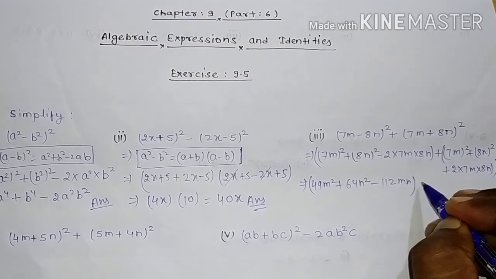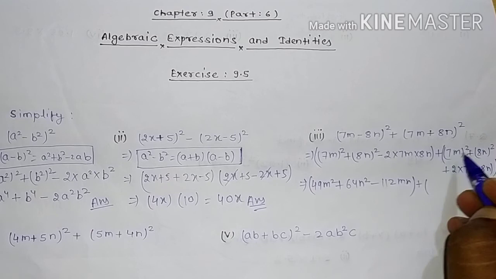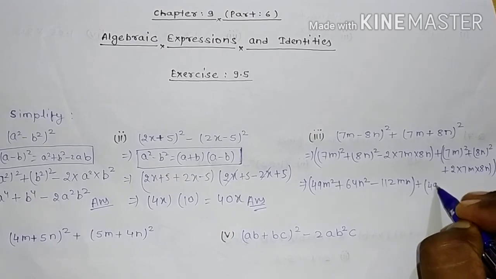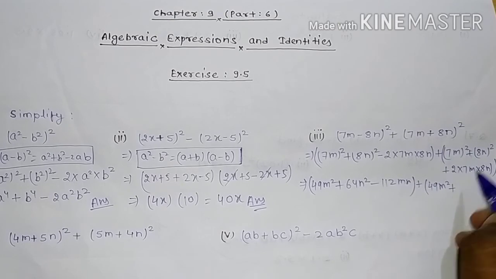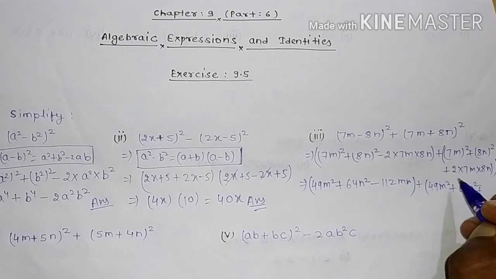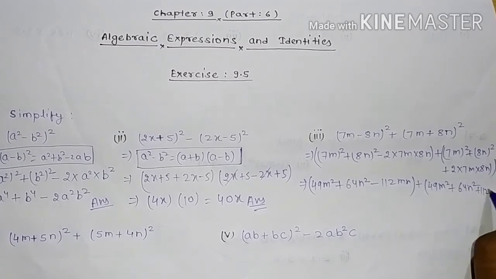Now in the next bracket, 7m square, that is 49m square, plus 8n square, that is 64n square, plus 2 into 7 into 8, that is 112mn.